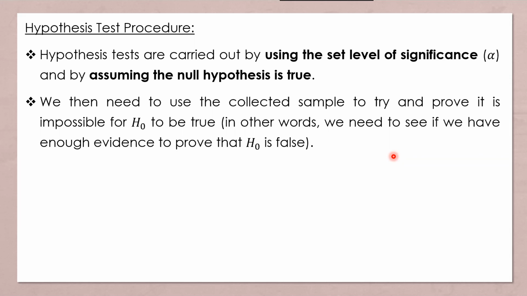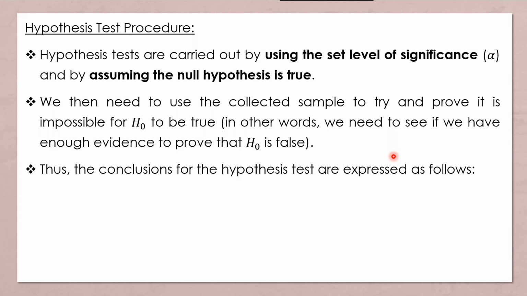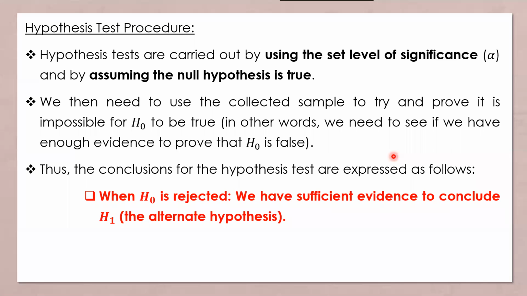We're trying to collect this evidence to show that whatever the sample is telling us, it's definitely contradicting the null hypothesis. That means this null hypothesis cannot possibly be true, which means we would reject it in favor of the alternative. And that's why the conclusion of a hypothesis test is always expressed in terms of the alternative.